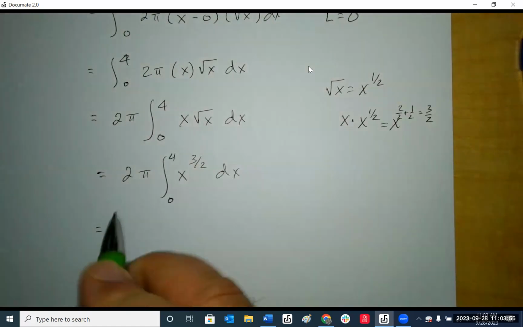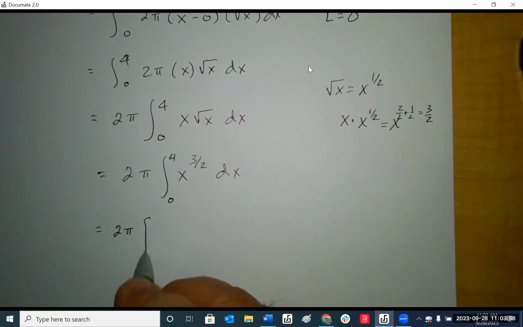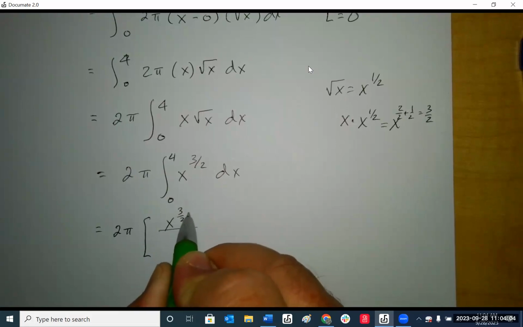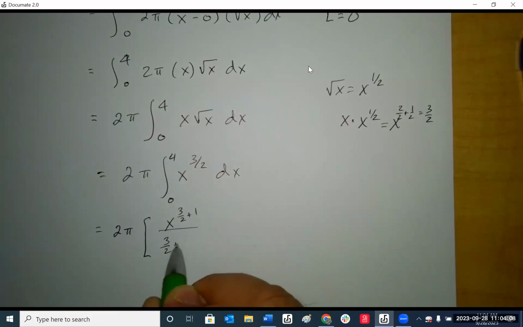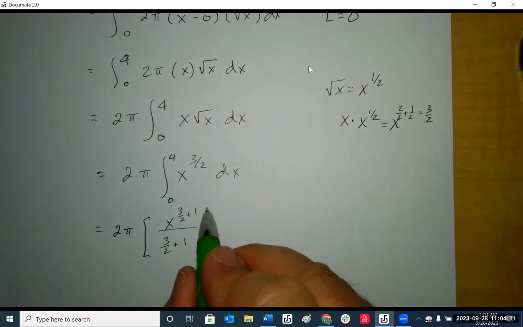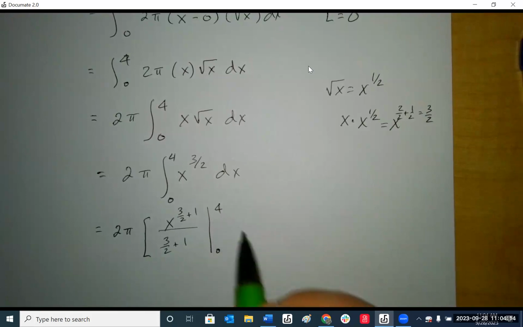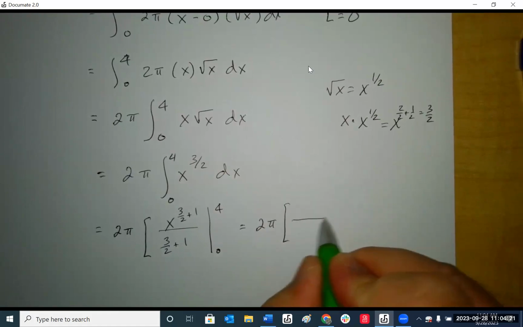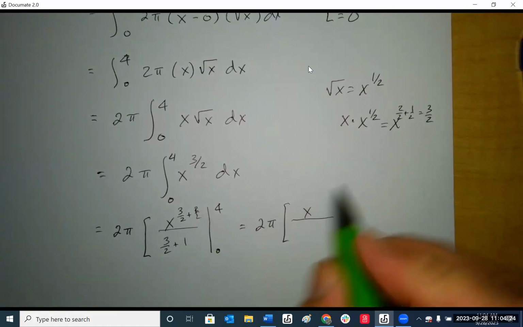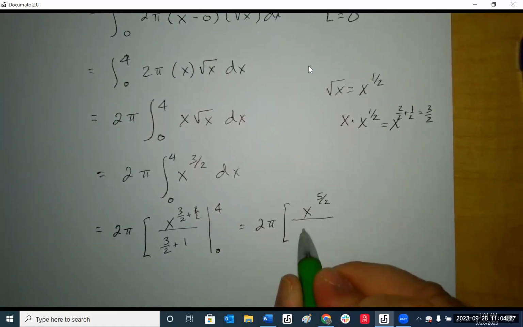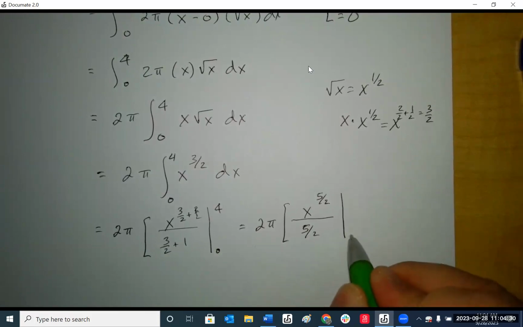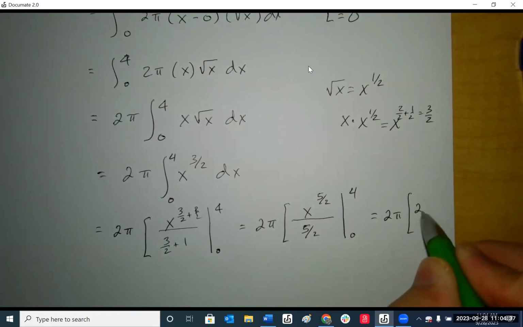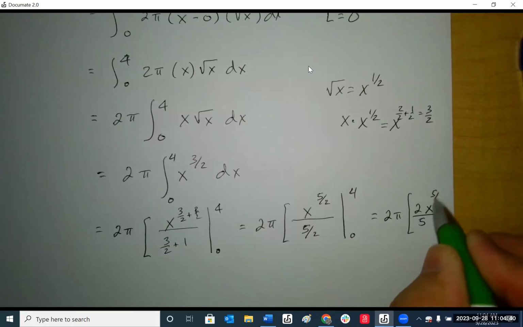From 0 to 4, 2 pi, x to the 3/2 over 3/2 plus 1, which is 5/2, which equals 2 over 5 x to the 5/2.